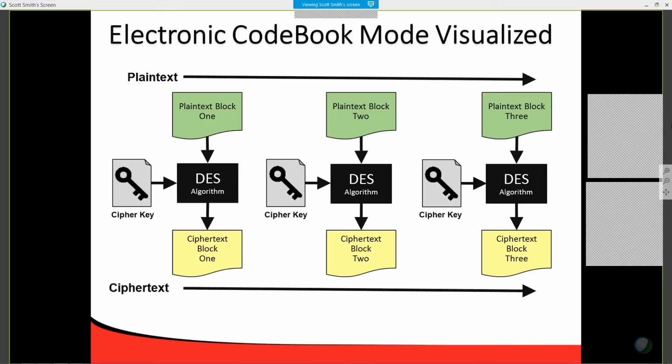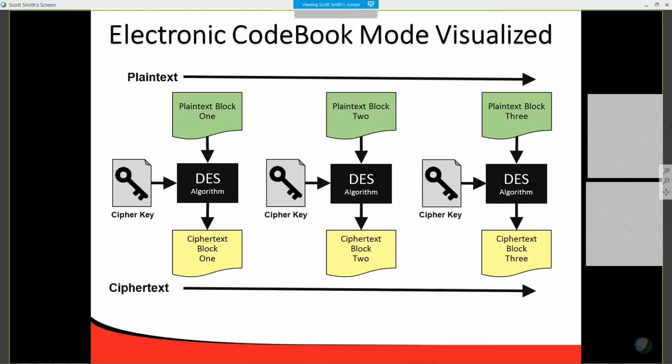ECB, which is the electronic codebook block mode, just takes essentially each block of data and encrypts it individually. Right? So plaintext block 1, maybe it's 128 bits of plaintext data, goes through the algorithm, and out comes your ciphertext. Then block 2, then block 3.